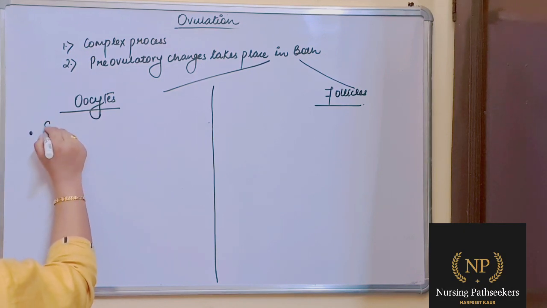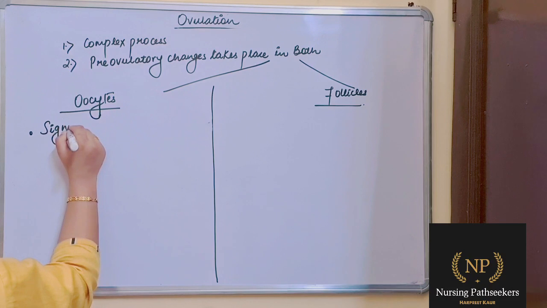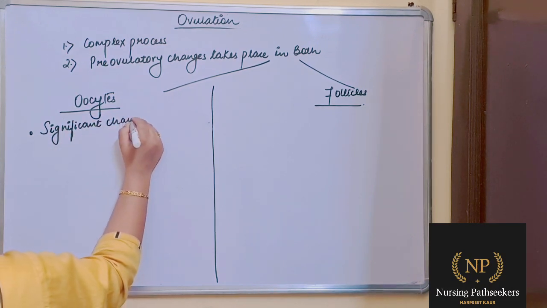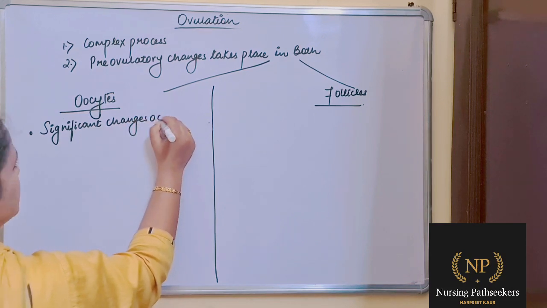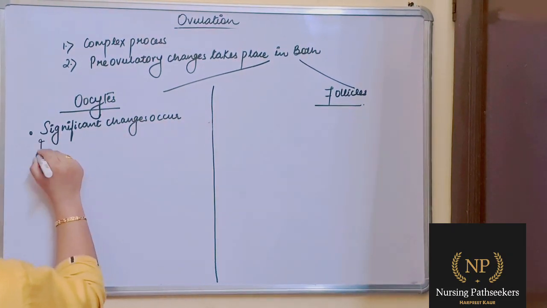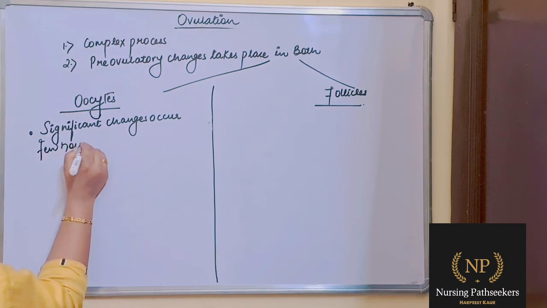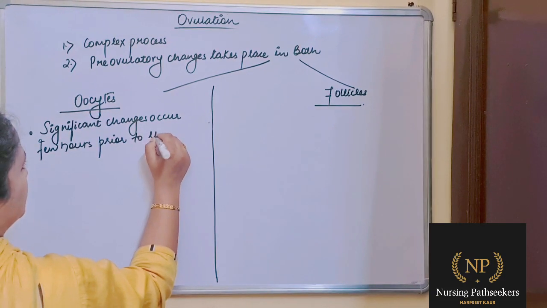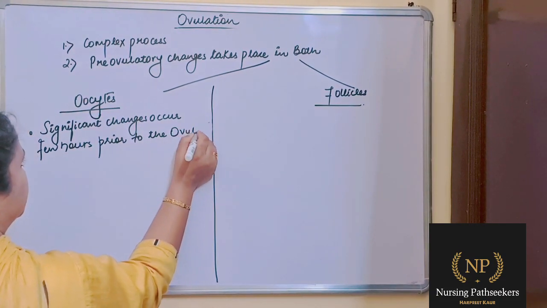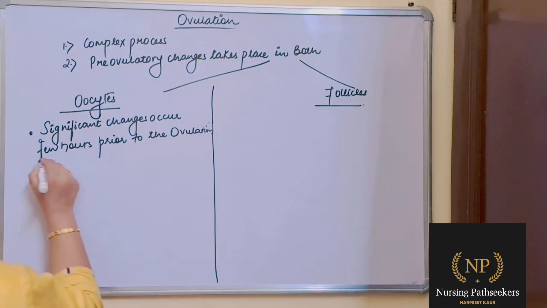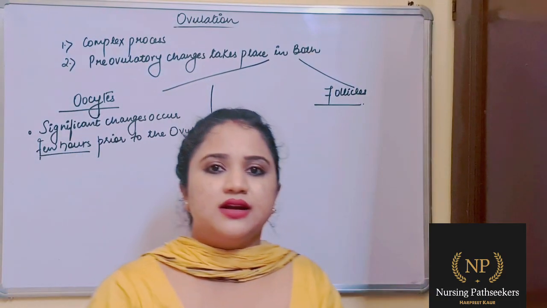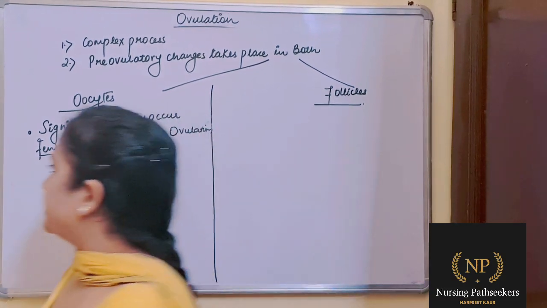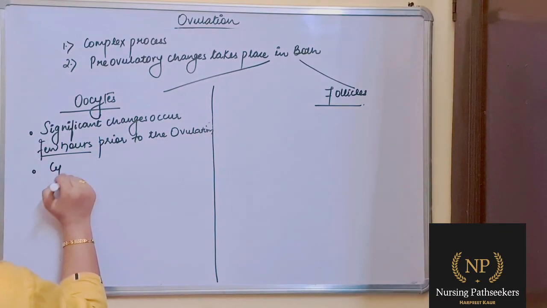In oocytes, significant changes occur few hours prior to the ovulation, right? The changes in oocytes will occur just few hours before the onset of ovulation, right?